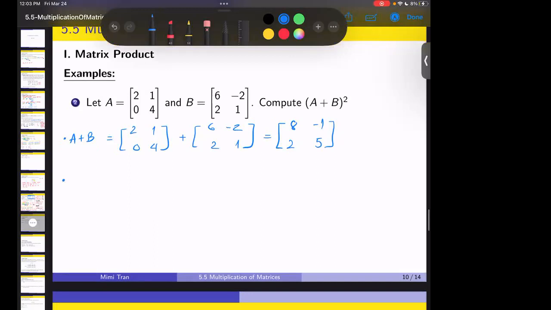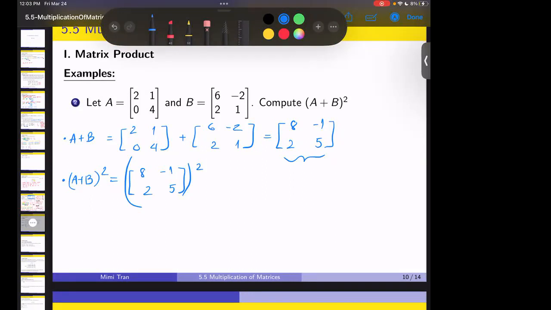Now, A plus B squared. Well, that's A plus B right here. So that means all you have to do is take matrix A plus B, 8, negative 1, 2, 5, and then you square it. Again, that does not mean you distribute the 2 into each of those, right?